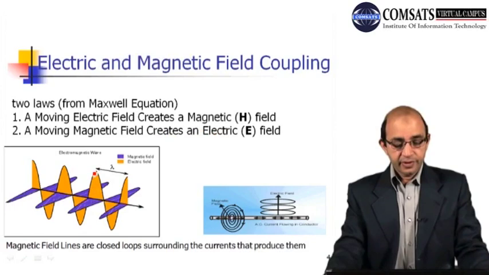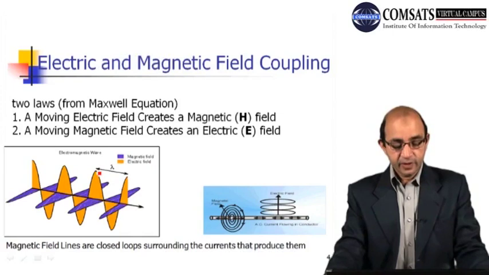So here we have another figure where the electromagnetic wave is moving, and you can see different fields in different colors. Magnetic field is represented by this color, and then we have another color for the electric field.